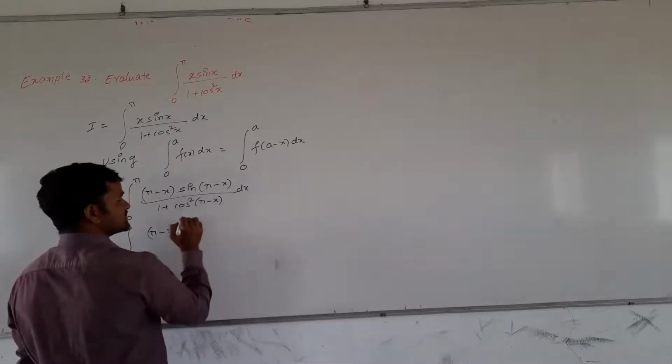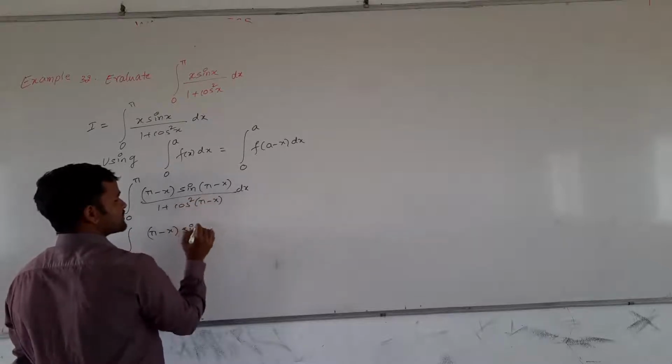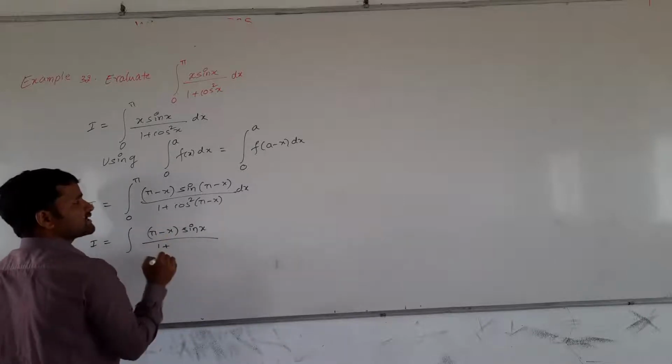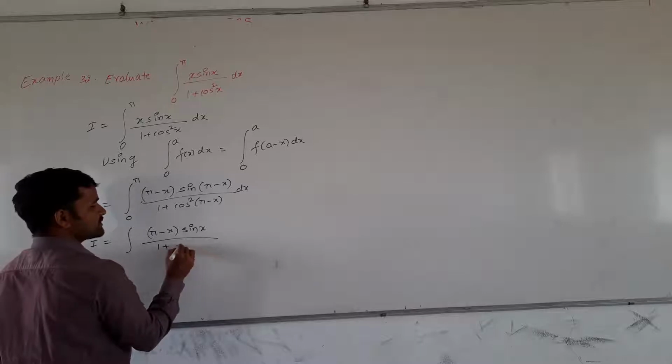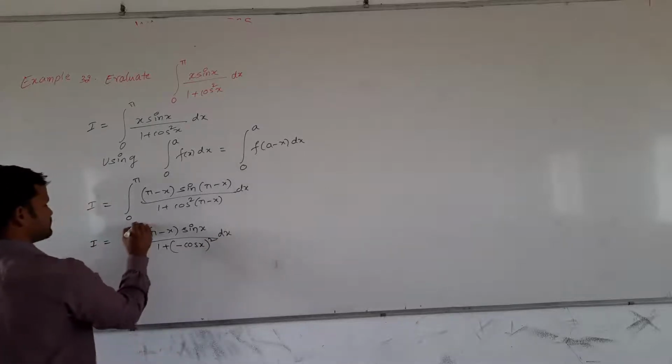Sign will not change, because even number of 90s are there. This becomes sin x divided by 1 plus cos of pi minus x; in the second quadrant cos is negative, so this becomes minus cos x whole square into dx, integrating from 0 to pi.